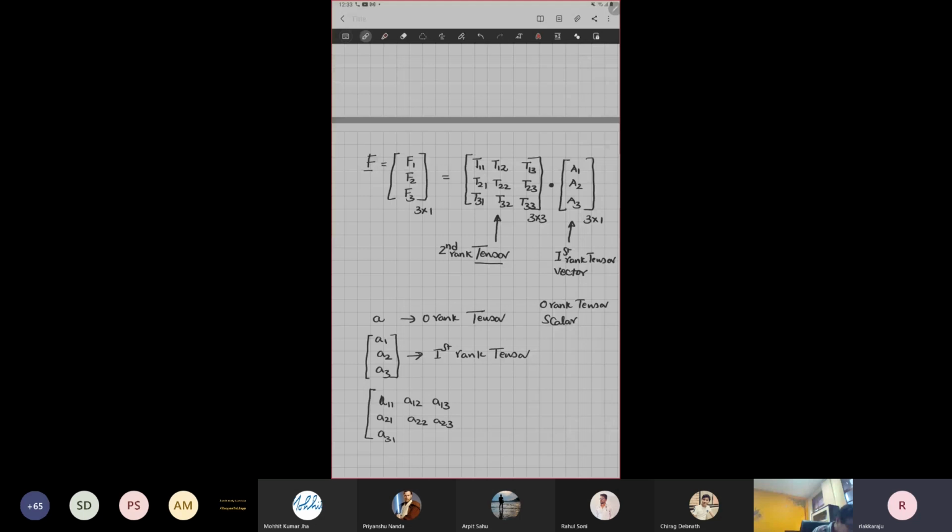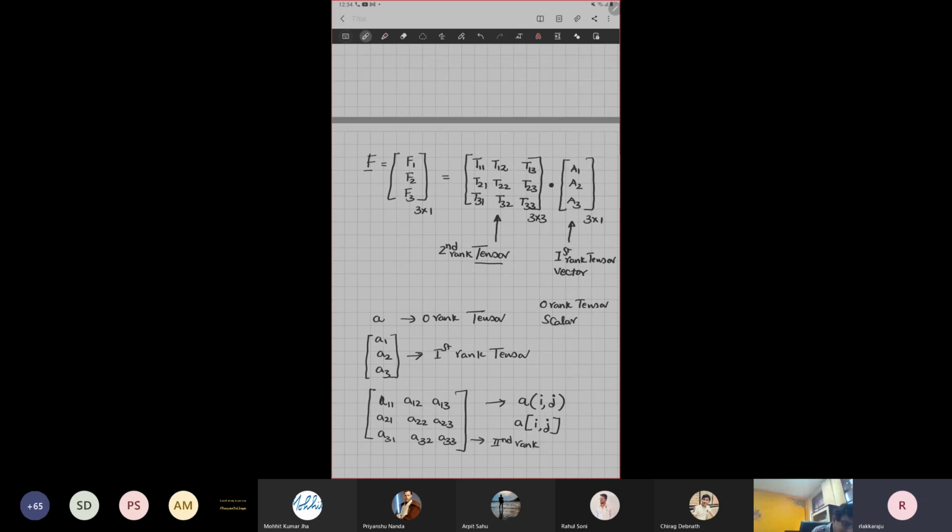The indices I'm going to write, 1 1, 1 2, 1 3, 2 1, 2 2, 2 3, 3 1, 3 2, 3 3, is for computer terminology. It's easy to define something like A of i comma j, maybe in your C programming, A of i comma j. i varies from 1 to 3, j varies from 1 to 3, then I will get A11, A12, A13, A21, A22, and so on. This is what we call a second rank tensor.